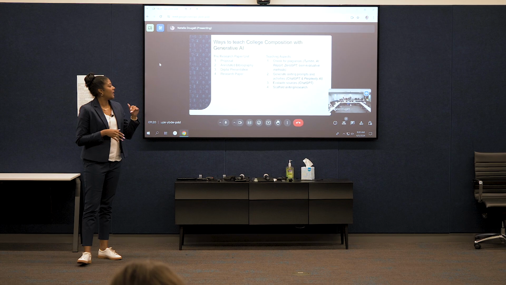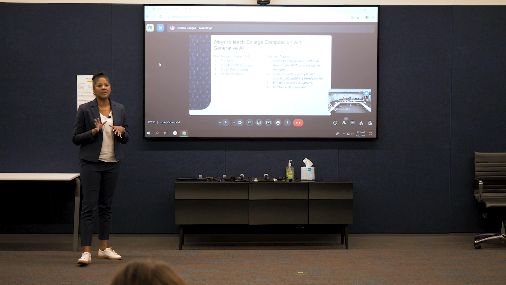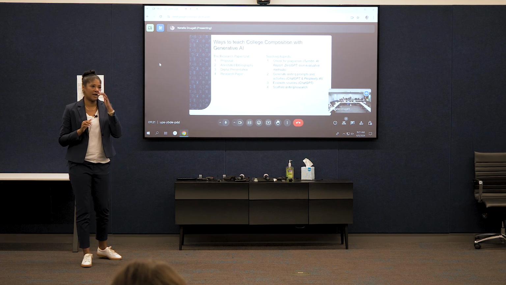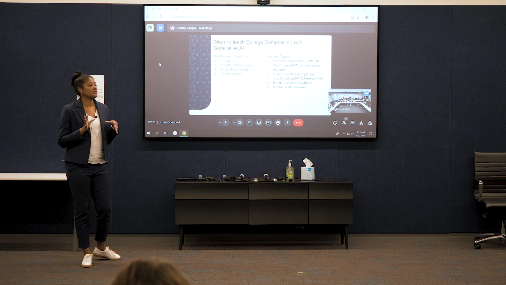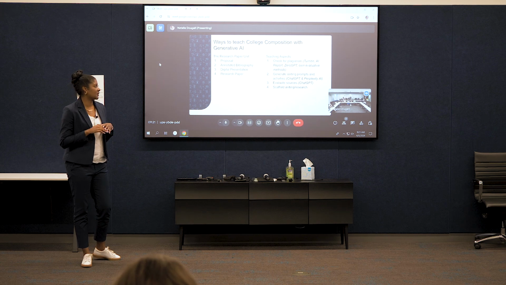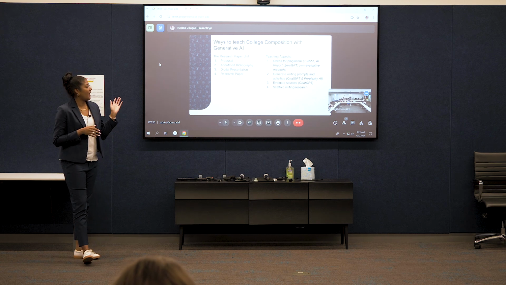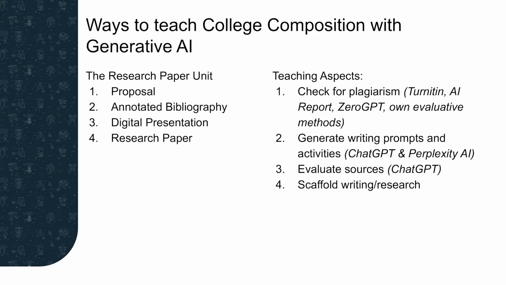And so these tools help me facilitate and evaluate whether or how students are using AI in their actual writing. So that's one way to check for any sort of intentional or non-intentional plagiarism with those tools.